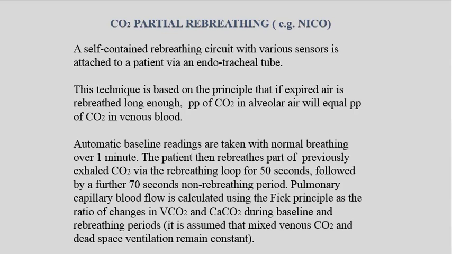So carbon dioxide is the indicator instead of oxygen. And the machine follows and measures these changes during baseline and rebreathing periods. And one assumption the system makes is that the mixed venous CO2 and the dead space ventilation remain constant.